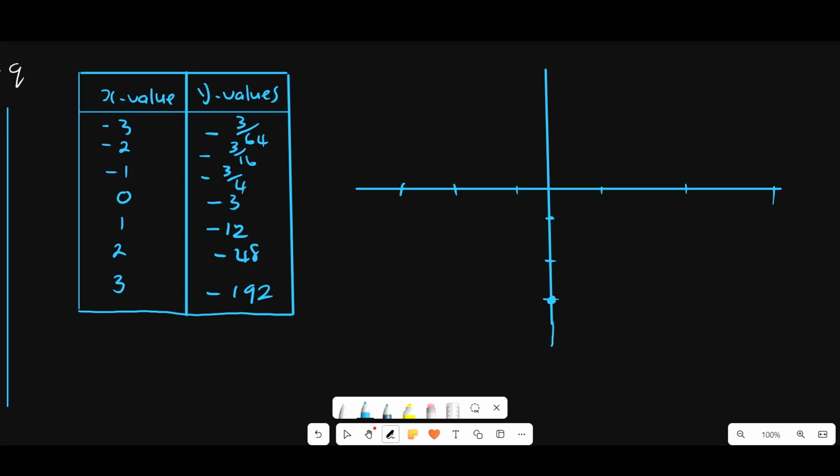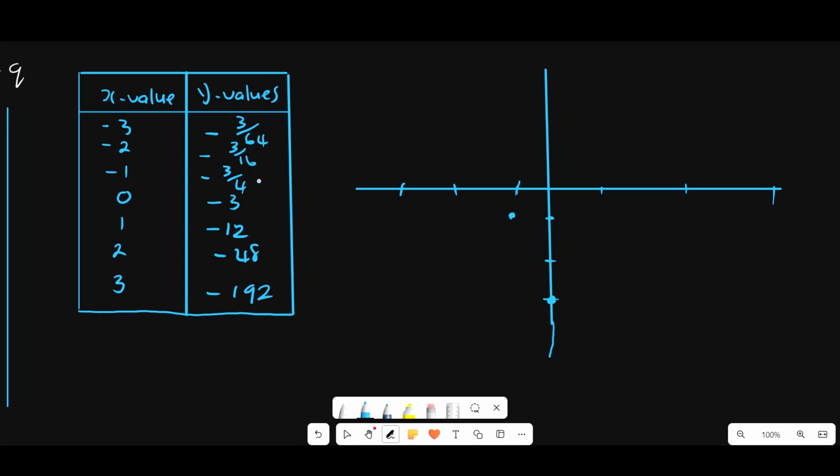So here I have -3, and then at -1 I have -3/4. It doesn't matter where you put it in. All that matters is that I have a negative x value and I also have a negative y value. So that means that whatever I put in has to be in my third quadrant.